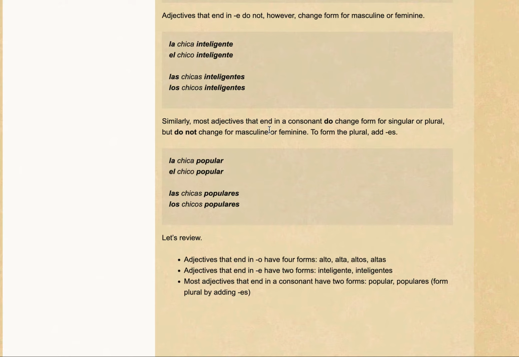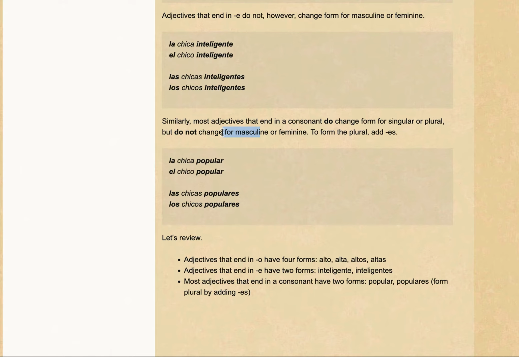We have seen that with "o" ending adjectives and "e" ending adjectives, so it's nothing new in that respect to say that even adjectives that end in a consonant also change form, right? So they change form for singular or plural. But, and note this, they do not change for masculine or feminine.